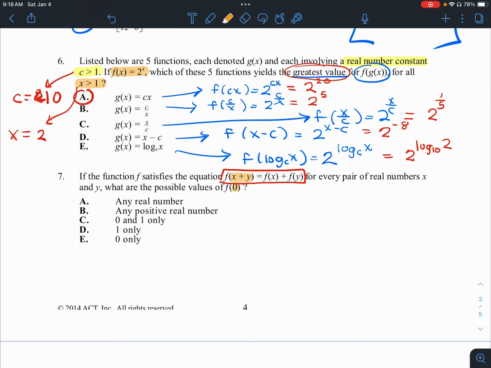Now, in order to get a 0 from adding x and y together, if x plus y equals 0, then that must mean that x and y are opposites.